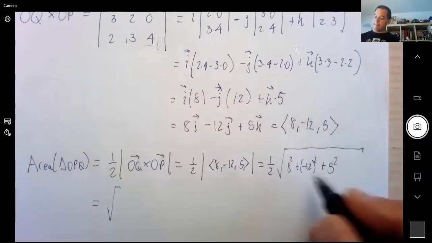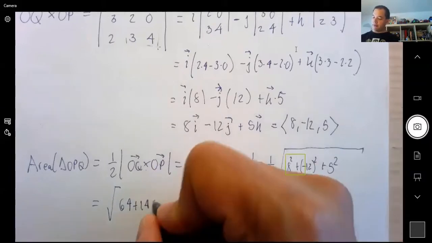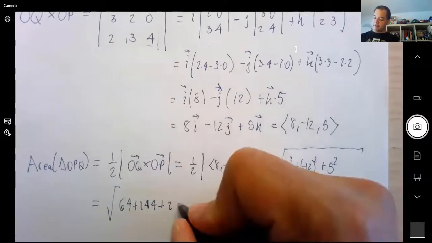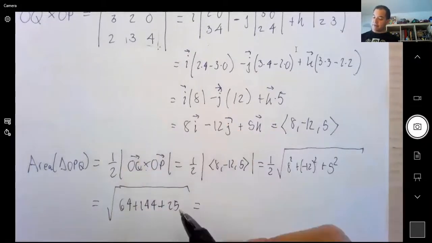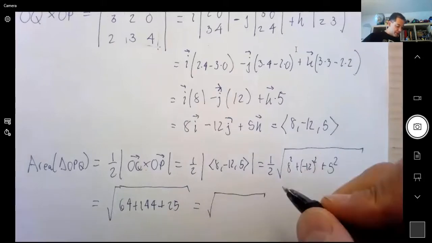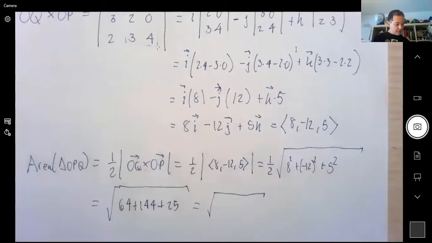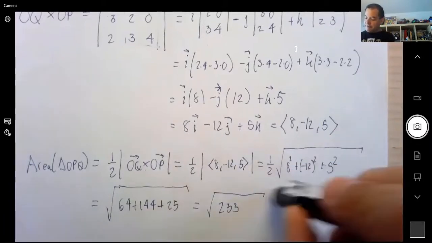That's 64 plus 144 plus 25. And this is 169 plus 64. Whatever that number is, 233. And that's it. I don't think I can simplify this further.